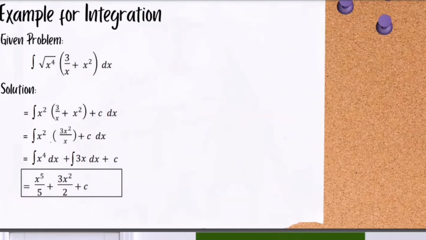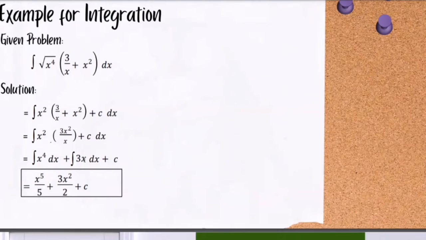So again, in the previous slide, basically what we do in reverse power rule is we increase the power by 1 and then divide it by the power plus 1. So in here, we have a power of 4. We add 1, and that would equal 5 over 5, plus 3x squared over 2.